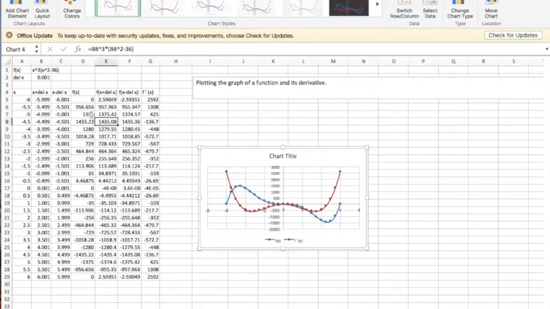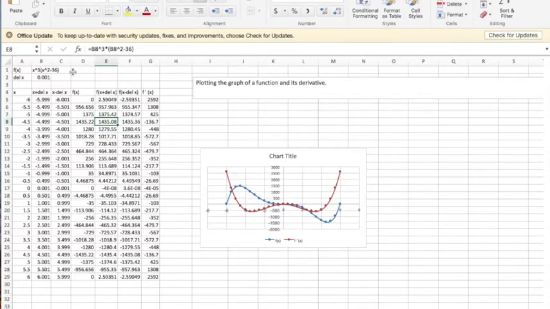So I could use the same template with basically any function. If I had just wanted to make this an x cubed minus 25, changing the function, I need to change this to x cubed minus 25.